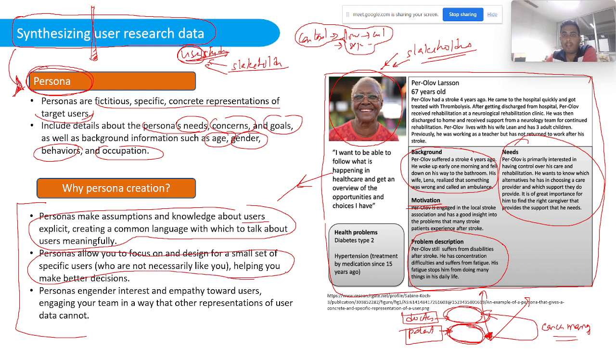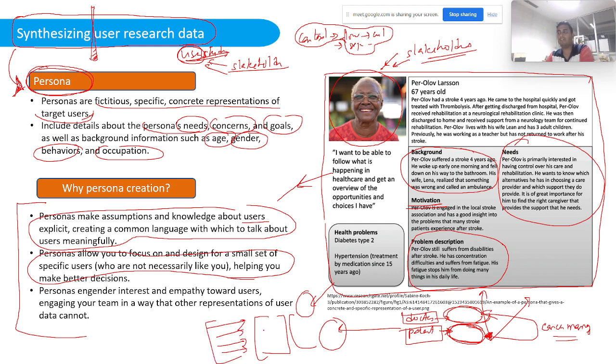If we have, say, three personas for three different stakeholders, it is easy for us to understand their requirements in our design, instead of considering all the user profiles that we have interviewed or encountered in our contextual inquiry. So that's why designing features or a product using personas is useful.